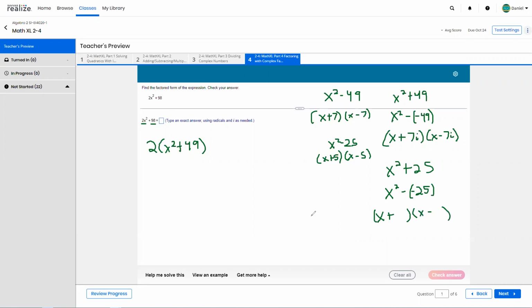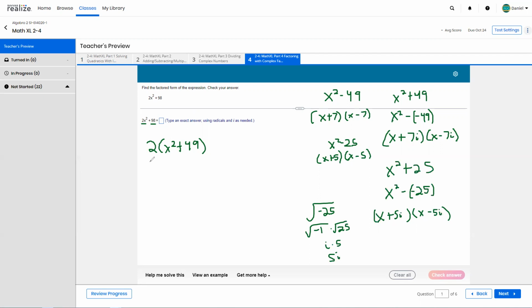What goes in here? The square root of negative 25, which is negative 1 times the square root of 25, which is i times 5, or 5i. So we have plus 5i and minus 5i. That's the idea here.